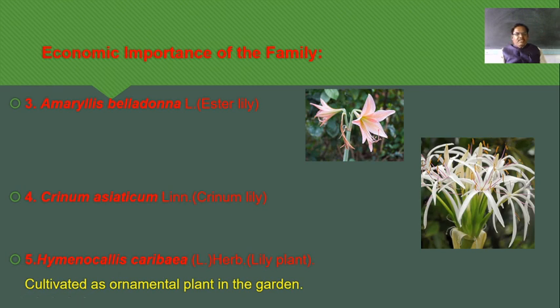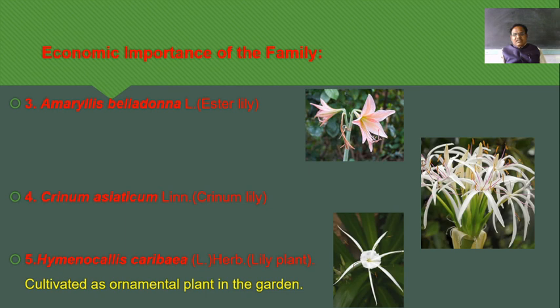Then Hemerocallis caribaea is known as the lily plant, and it is also cultivated in gardens for its attractive colored flower. So these are the economic importance of the family Amaryllidaceae, which is the family of tuberose, that is Polianthes tuberosa.